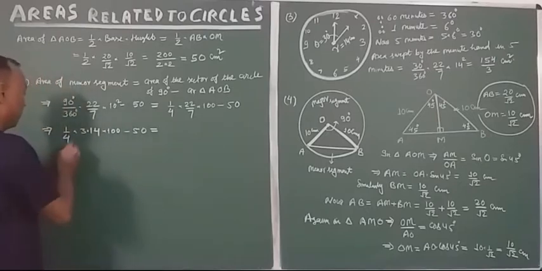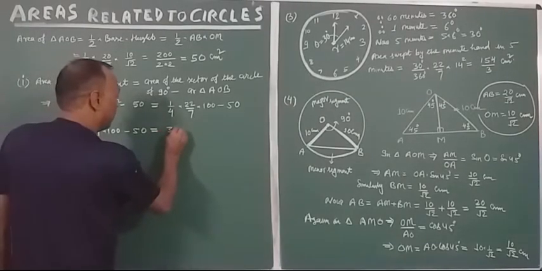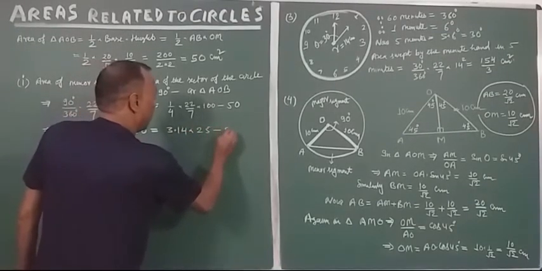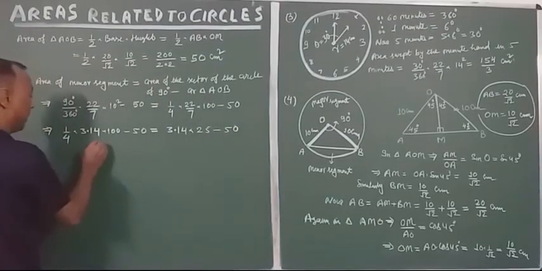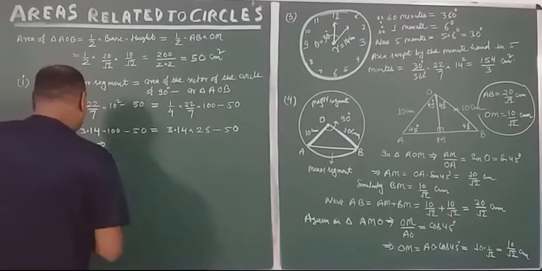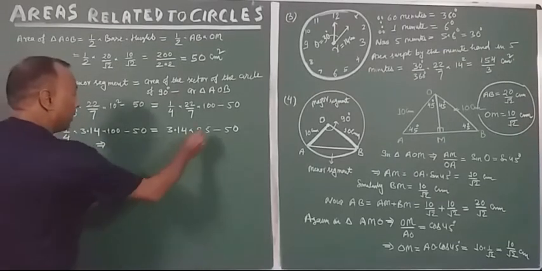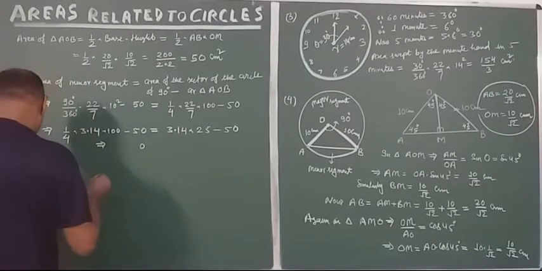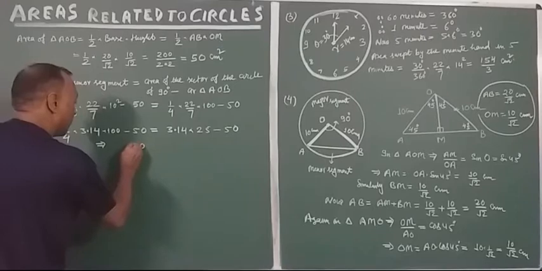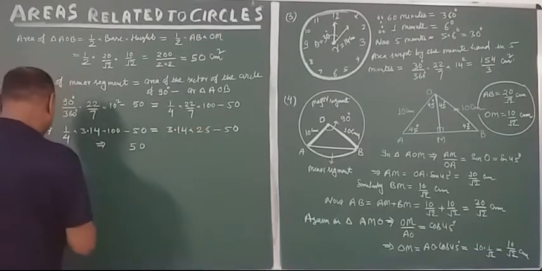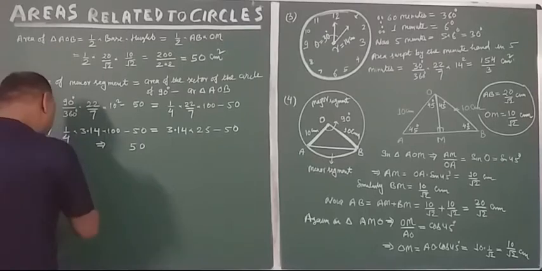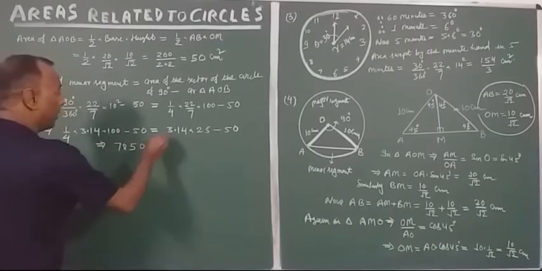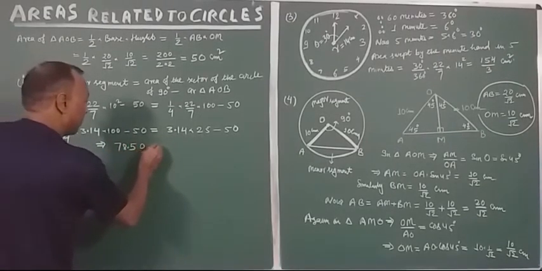So now just look here. This 4 will divide the 100. So 3.14 into 25 and minus 50. Just multiply them. You will get 25 times 3 is 75, and 75, and this is 78.5, with the decimal here, and minus 50.